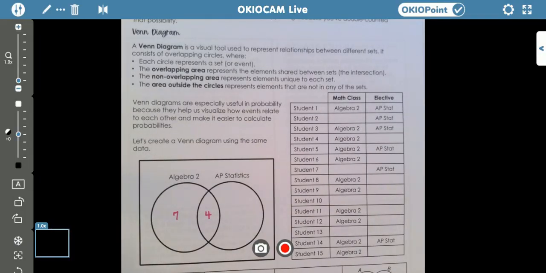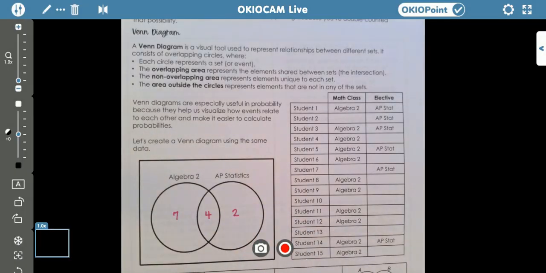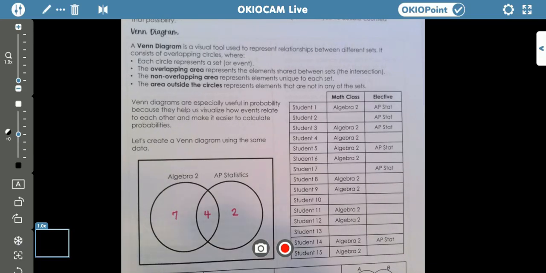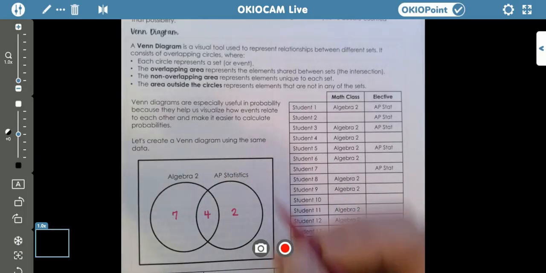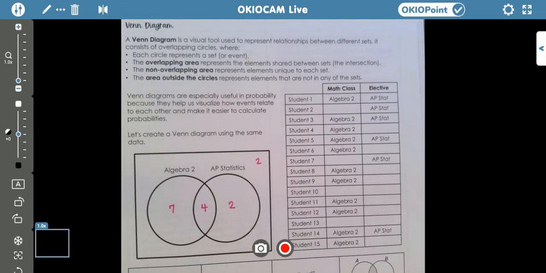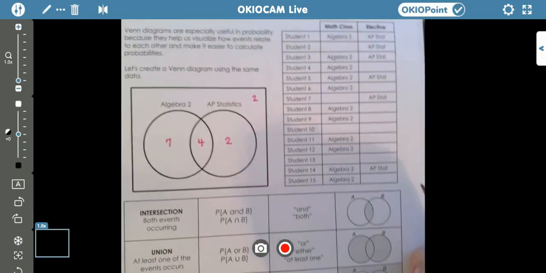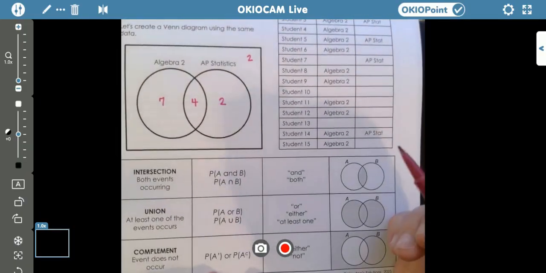There were 6 people taking AP Stats, so 4 of them are already accounted for here, so 2 of them are only taking AP Stats. And then we had some that weren't taking anything. So student number 13 here is empty, student number 10 here is empty. So we have 2 of them that are outside the circles but still inside the diagram there that weren't taking either one.